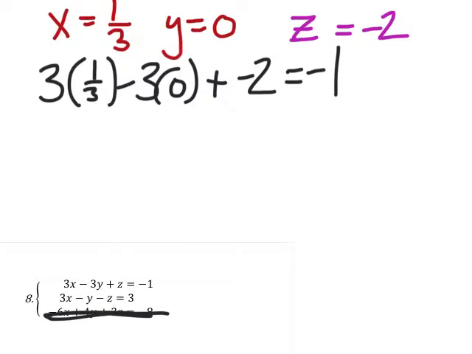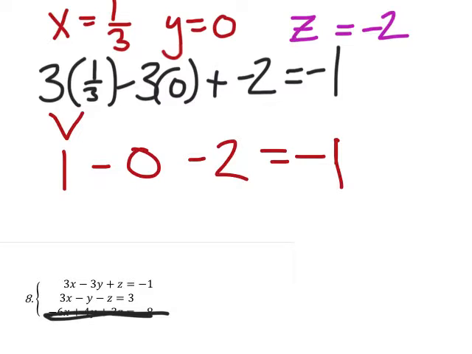Okay, you write it like that so you can see that it's plus that negative 2. Otherwise, you may get the signs mixed up. Alright? 3 times 1/3 is 1 minus 0 plus, well, that's a minus 2 and negative 2 equals negative 1. And that's true. And negative 1 does equal negative 1.